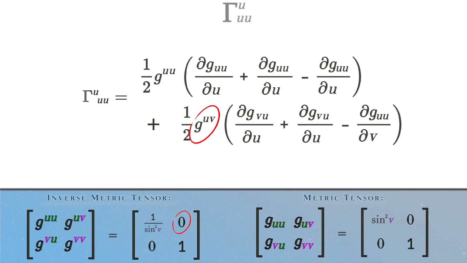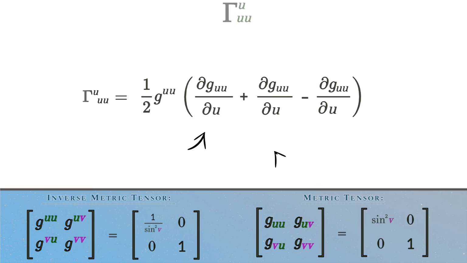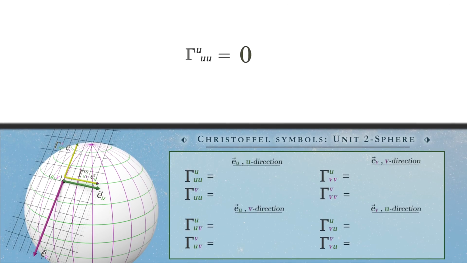Here, G^uv is 0, so this whole term goes away. Additionally, each of these dG_uu/du terms are also 0, since the expression for G_uu does not depend on u. Our first Christoffel symbol, gamma^u_uu, thus equals 0.